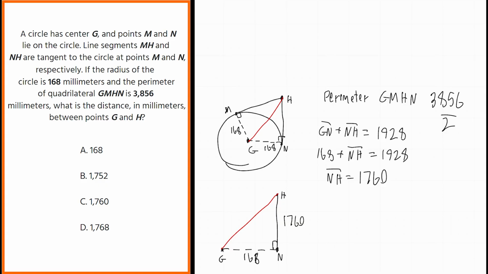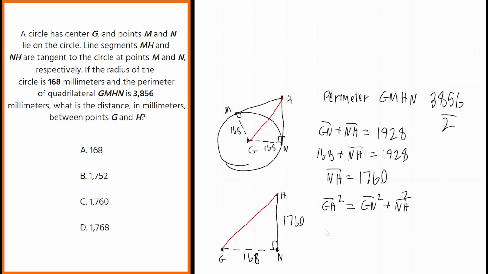But of course, because this is a right triangle, we can very easily use Pythagorean theorem, which states that this GH length squared equals this GN length squared plus this NH length squared.